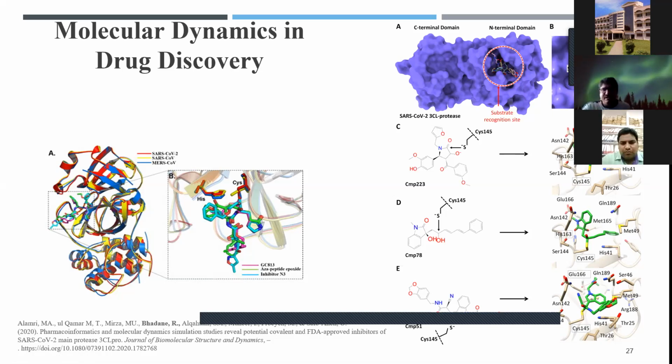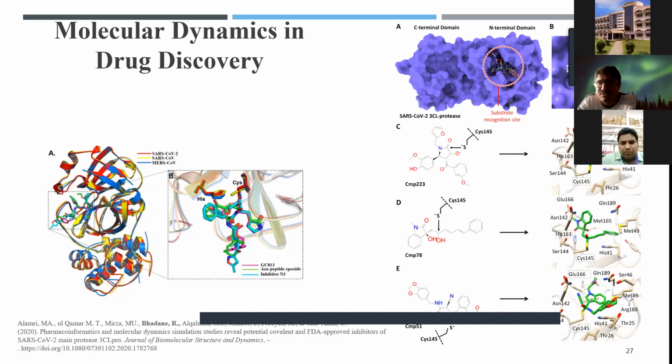After screening these covalent and non-covalent inhibitors, the non-covalent inhibitor was bound to this cavity, which you can see here. For the covalent interaction, the inhibitor needs to form a covalent bond with the cysteine residue. Cysteine 145 is the key residue for that covalent interaction.